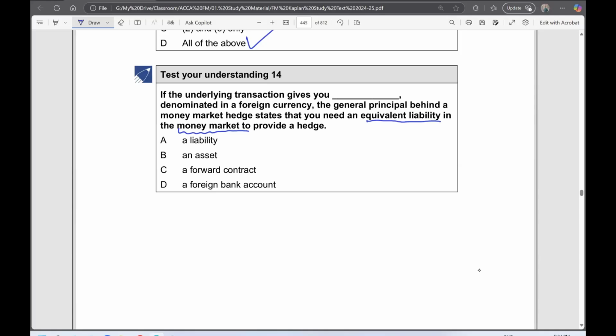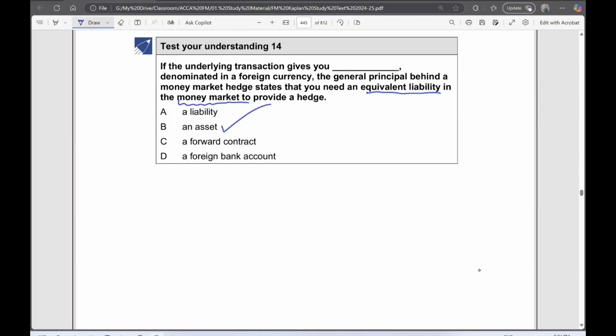I mean, if you have foreign receipts, you should have a foreign liability as well. So borrow in foreign currency, so it will be a foreign liability. Money market hedge. So B is the answer, and vice versa.